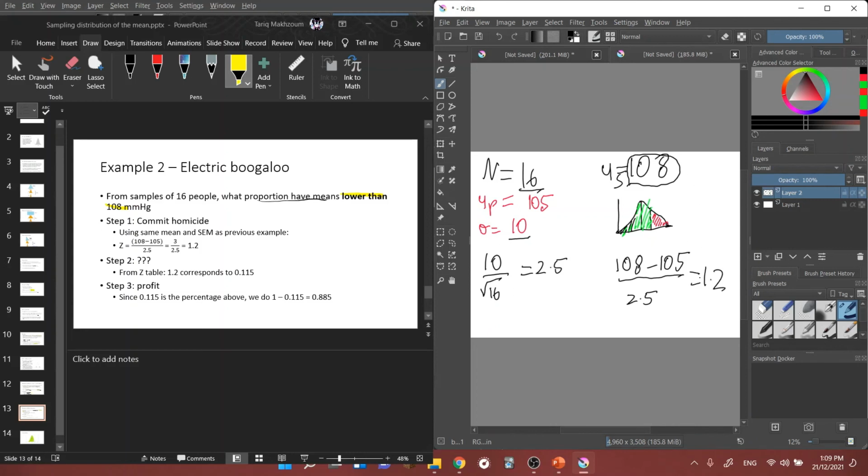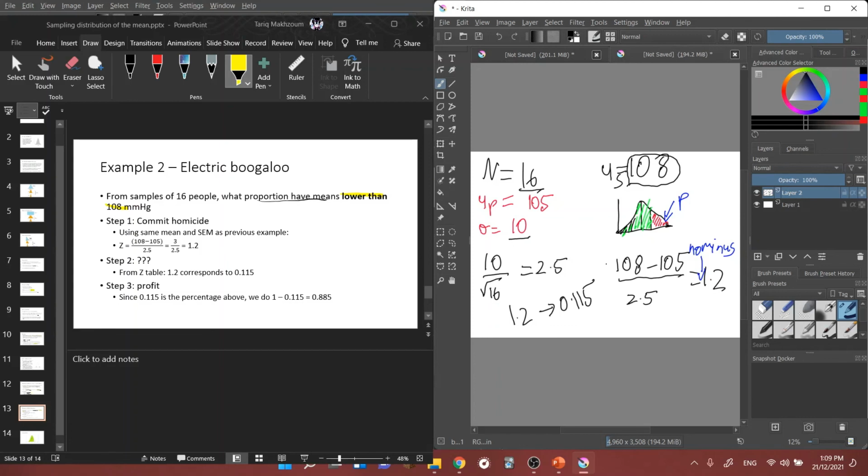Now, you'll notice there's no minus here. So what this means is we are actually finding the value of p here instead of 1 minus p. We then go to the z table and check for the z value of 1.2. 1.2 in the z table gives you a probability of 0.115.